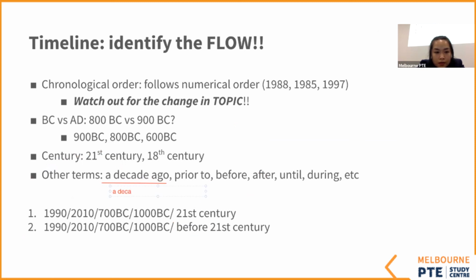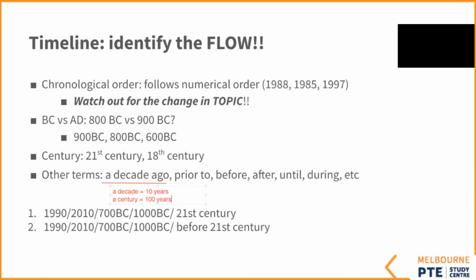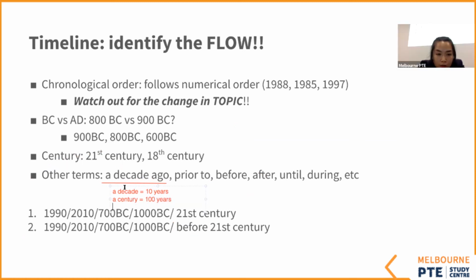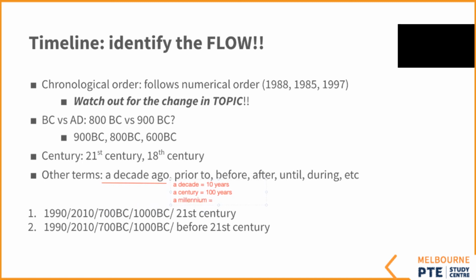So a decade, that means 10. How many years for a century? Right. 100 years. And how many years for a millennium? 1000. Okay.